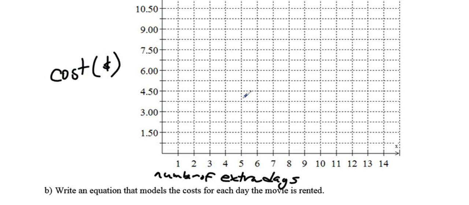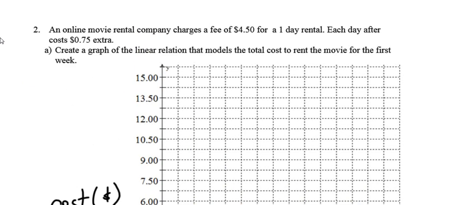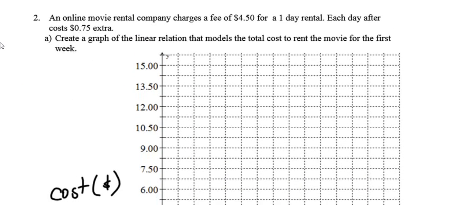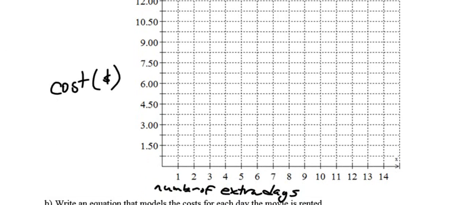Okay, so let's review. It said at the top here, $4.50 for one day and then 75 cents extra. So if they just rent it for the one day, I know it looks like we should start there, but that's the number of extra days, remember. So one day, $4.50. That's like our y-intercept.